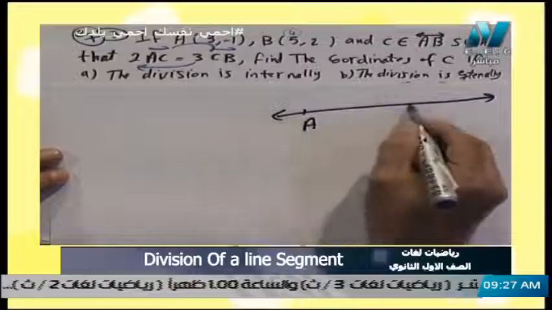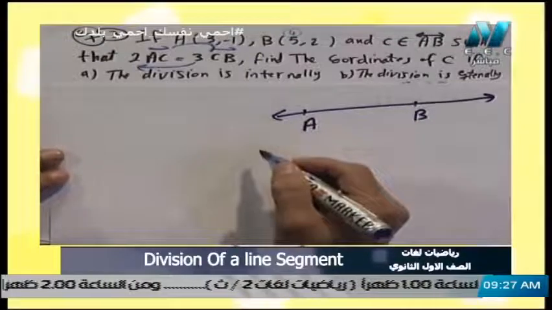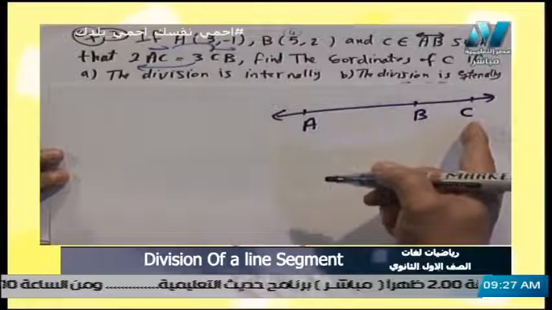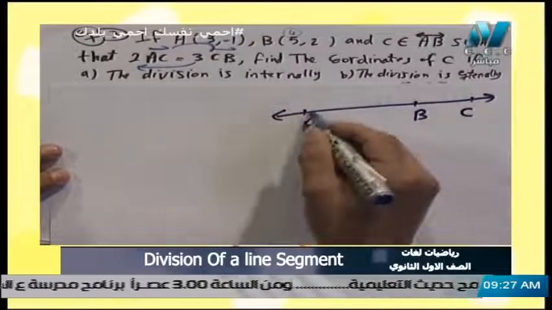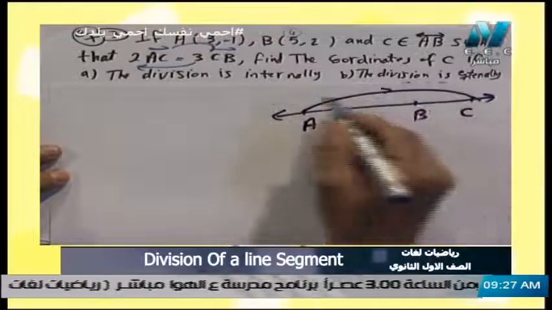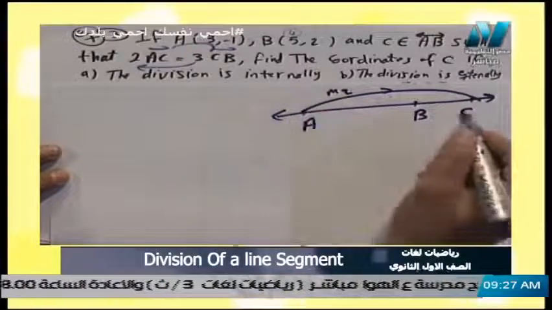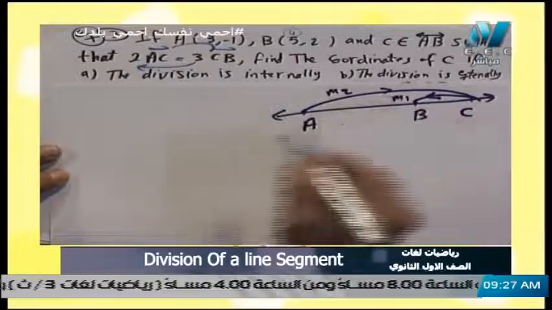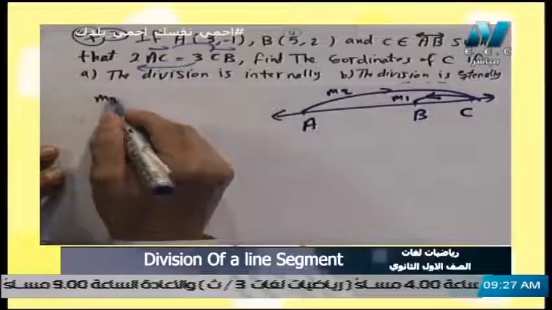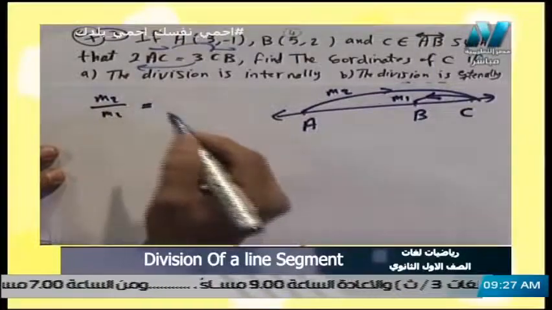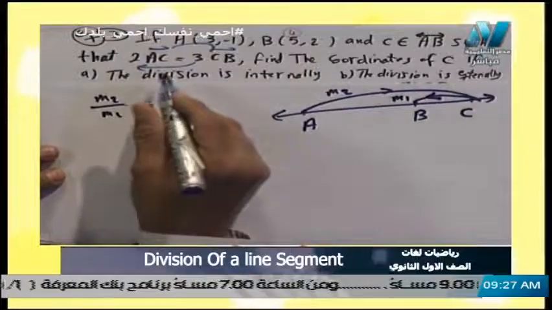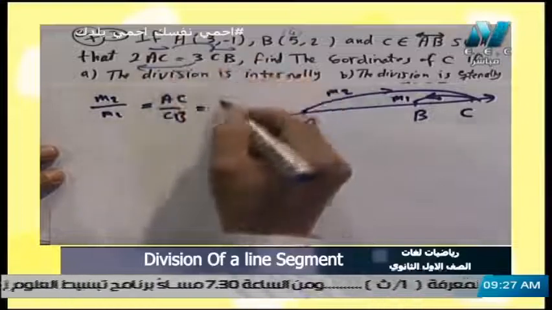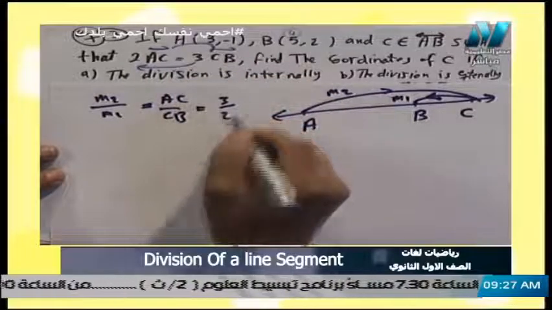This is A, B, and C will divide the line segment AB externally, so C is outside AB, and AC will be M2, and CB will be M1, and we know that M2 over M1 equals AC over CB, which is 3 over 2.